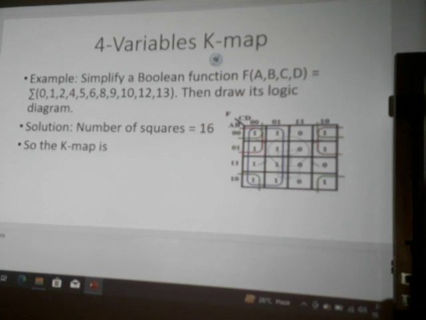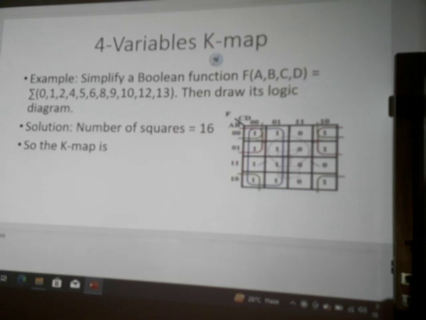Now we are looking that the first 8 squares in the K map are the adjacent squares, and these adjacent squares are marked in the blue color. So all these 8 squares are combined, and therefore we will write its term.